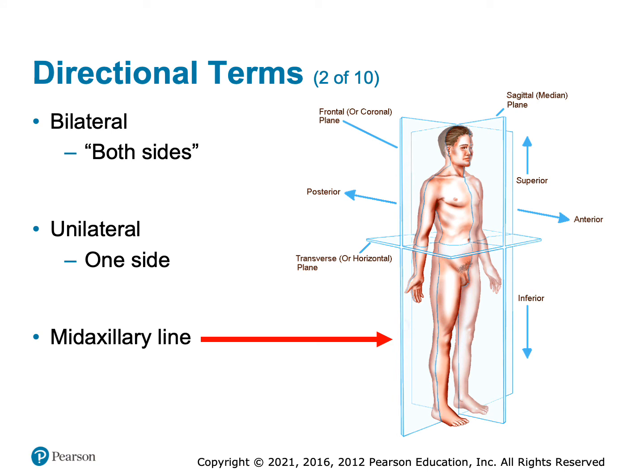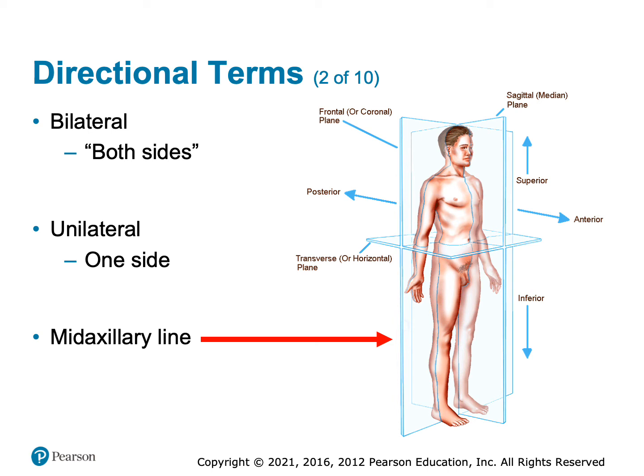Our next two terms, we have unilateral and bilateral. If we were to break these terms down, our root, lateral, tells us side. Our prefix, uni, bi. Uni is 1, bi is 2. So unilateral, one side, bilateral, two sides.